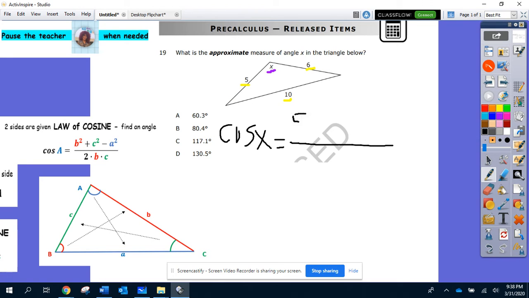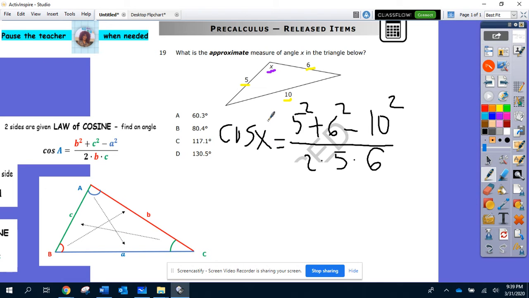So it will be 5 square plus 6 square minus the third side square, that is 10 square, divided by 2 times 5 times 6. We multiply by 2 the adjacent sides. This is what we revised before.